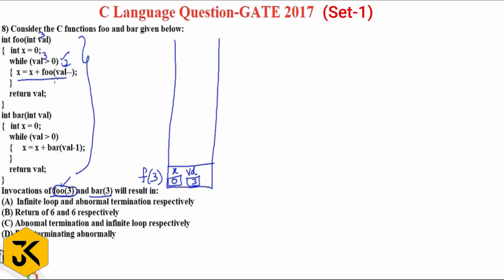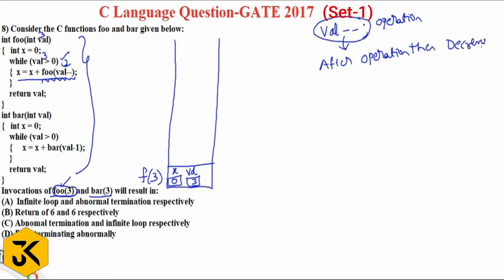Guys, here is one important point: foo of value minus minus is a post decrement expression. Whenever you use a post decrement or post increment expression with some operation, that may be addition, assigning, anything, first the operation is performed, and only then will it perform the decrement.